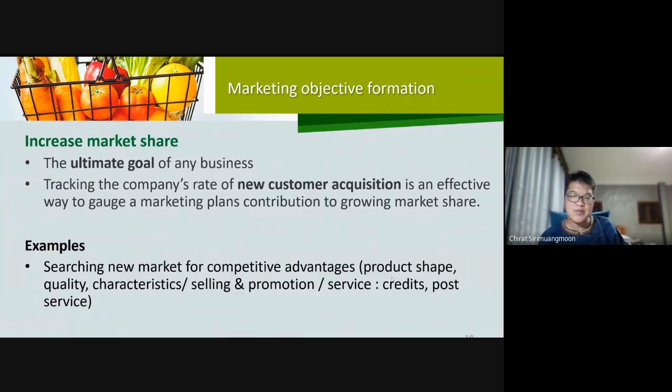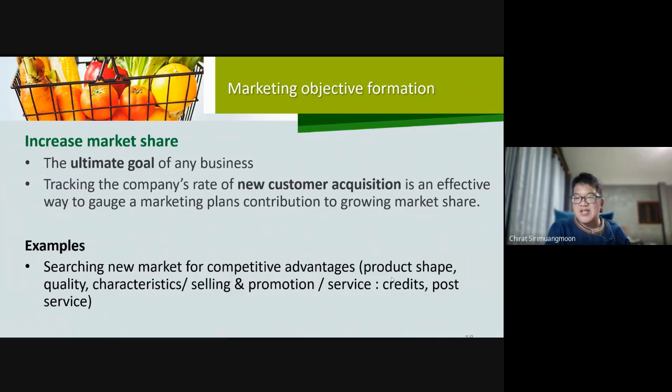Some examples of increasing market share: first, you search for a new market, using the competitor's activity as your advantage. You provide good looking products, good quality, good characteristics, or selling and promotion strategies to induce people to consume your products.